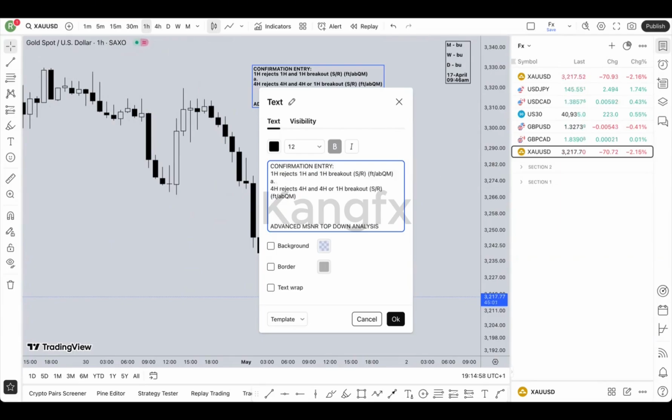After the rejection, we now have 1 hour resistance or support. Then the same thing with 4 hour. That's the same thing we're looking for. Then we take our trade, our entry.